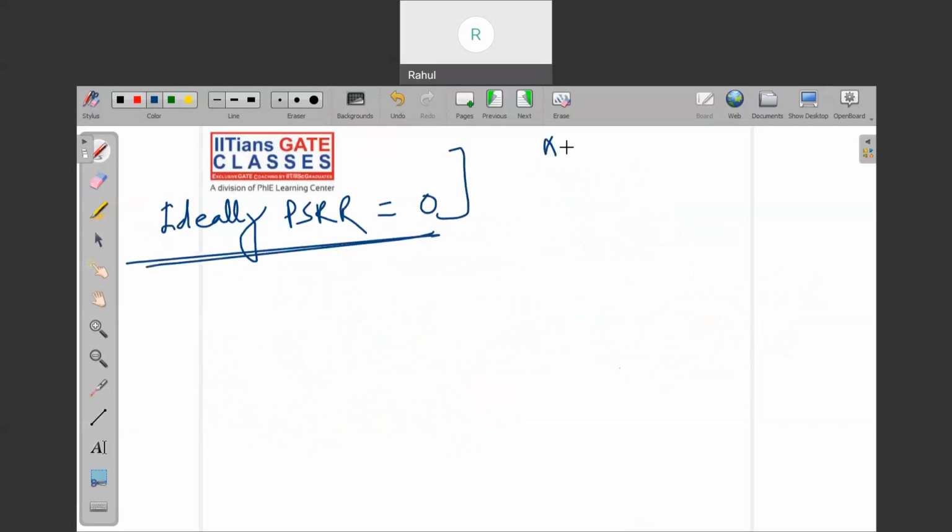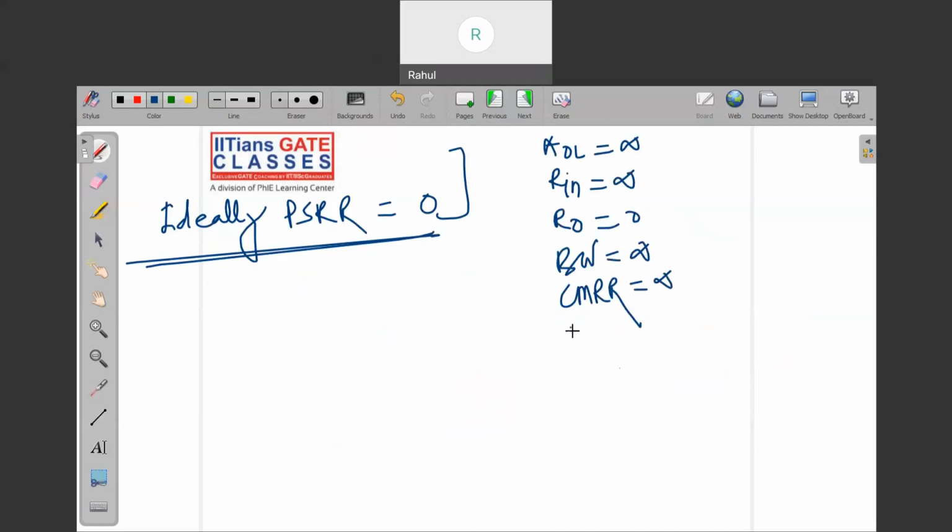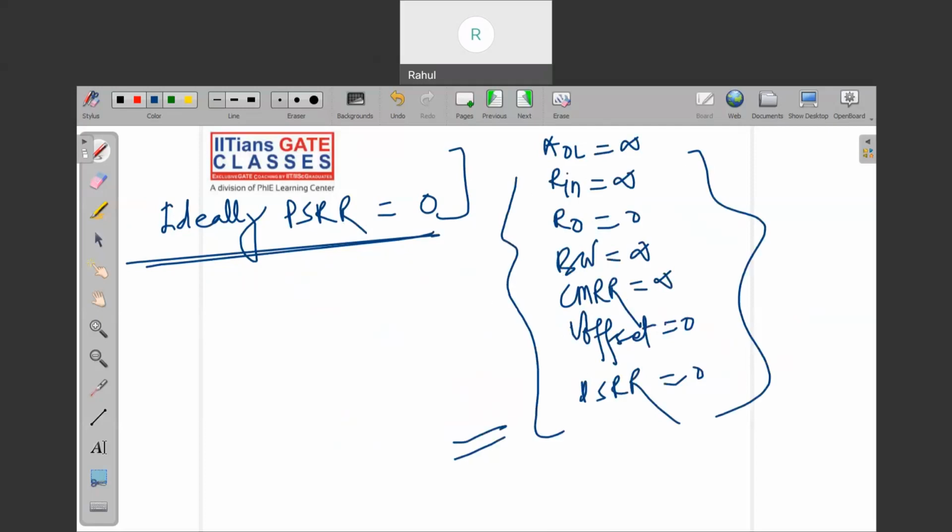Your open loop gain should be infinity, your R input should be infinity, your R out should be 0, your bandwidth must be infinite, your CMRR must be infinite, your offset voltage should be 0, and your PSRR should be 0. These are very important characteristics, you have to keep this in mind.